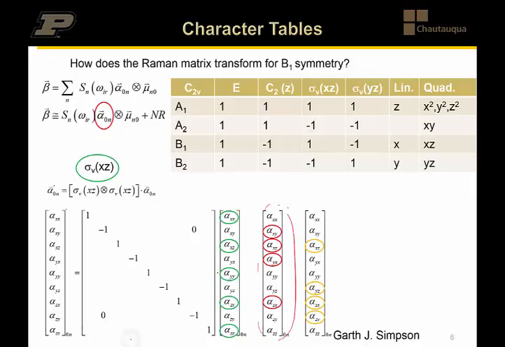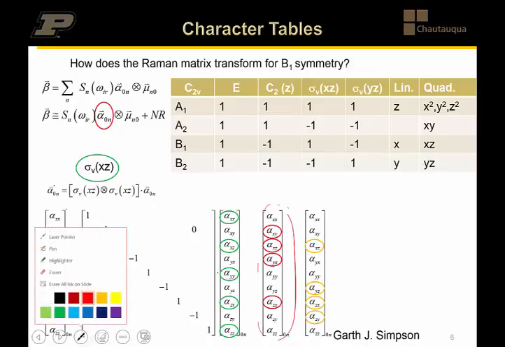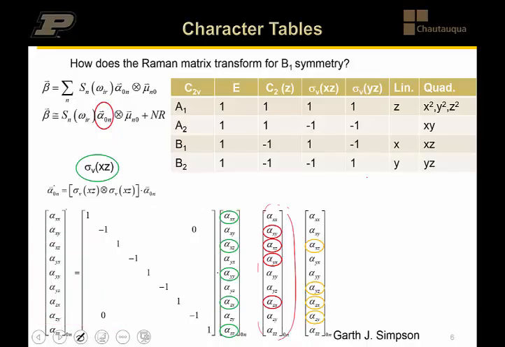If we go through the exact same operation for a different symmetry matrix for the green, that is the sigma xz, and the sigma xz, you'll remember, is 1, 0, 0, 0, -1, 0, 0, 0, 1. And then the orange is a C2, which gives us -1, 0, 0, 0, -1, 0, 0, 0, 1.